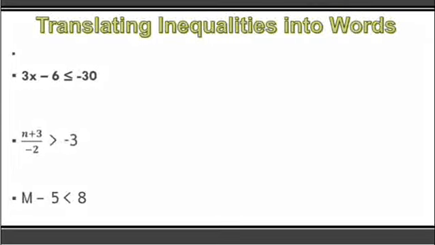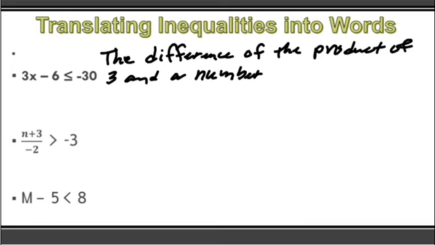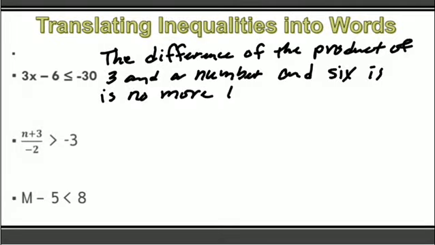We could say the difference of the product of 3 and a number and 6 is less than, or instead of saying less than or equal to, we could say is no more than -30.